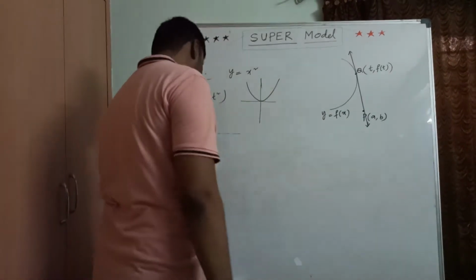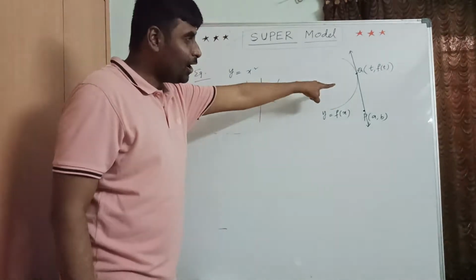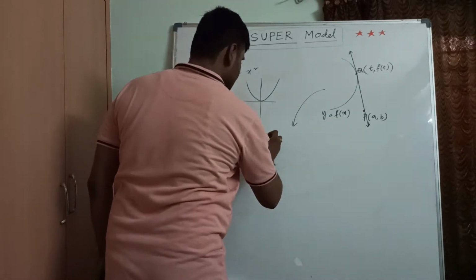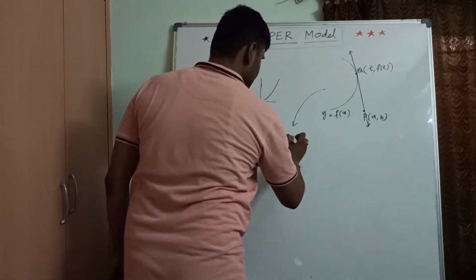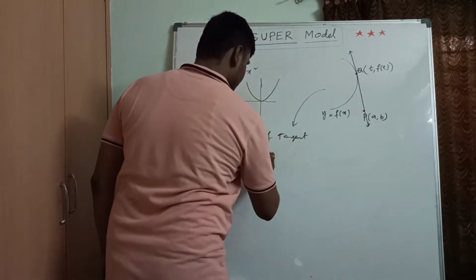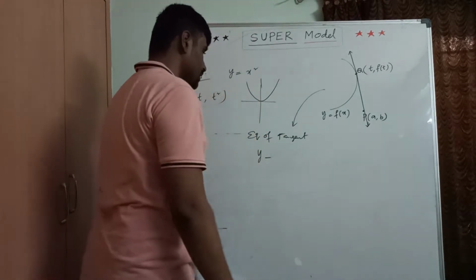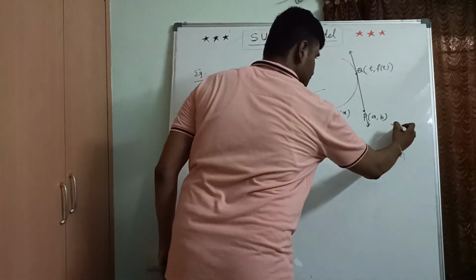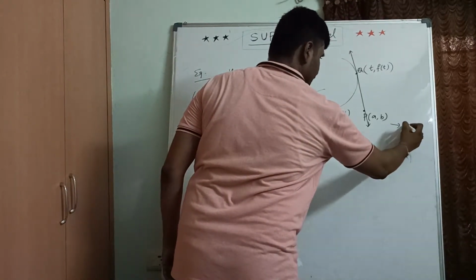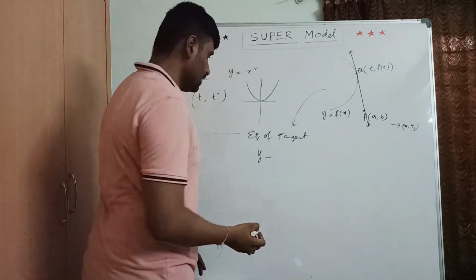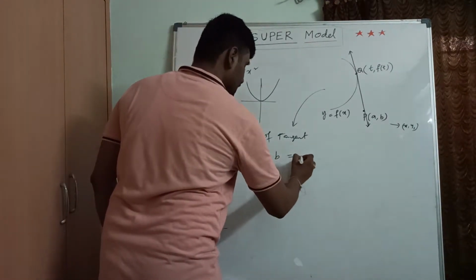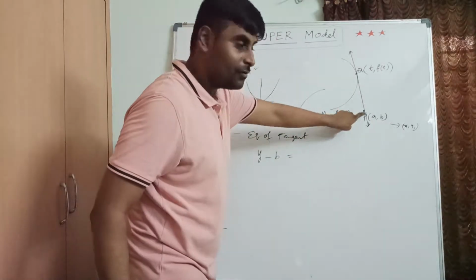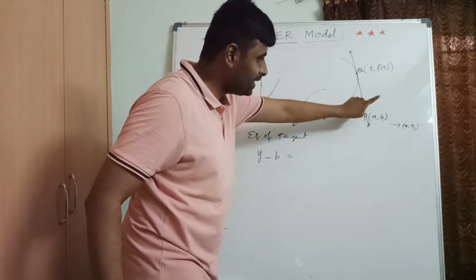In this case, how can you find the equation of tangent? So y minus y1. Let me take the given point as x1, y1. So y minus y1 equals m times (x minus x1). What is the slope of this PQ? y2 minus y1 by x2 minus x1.